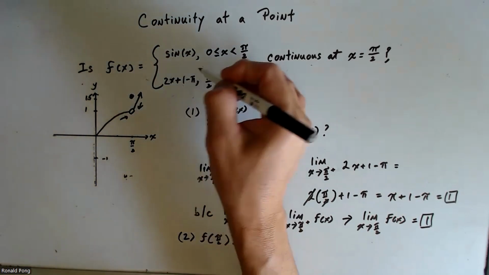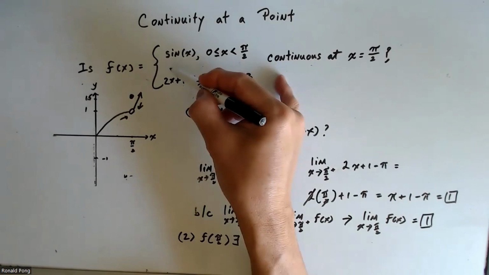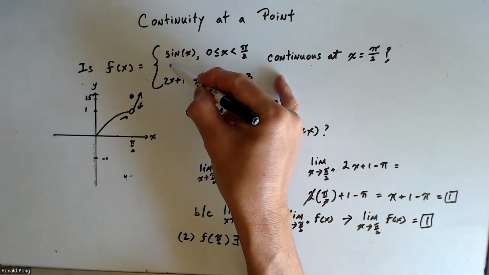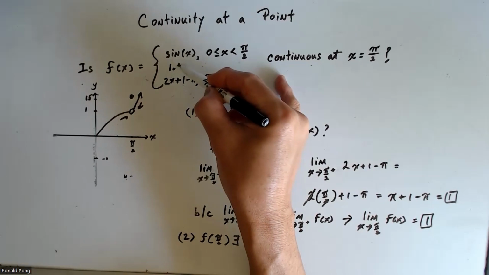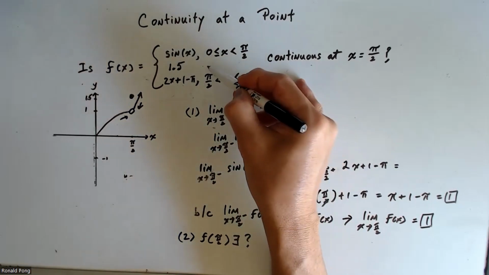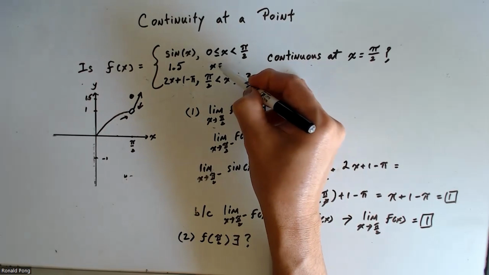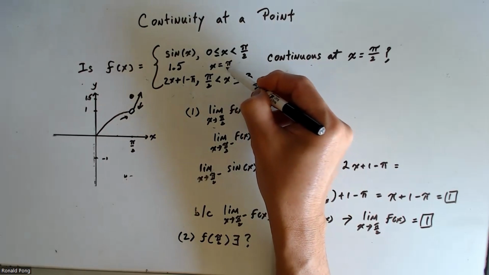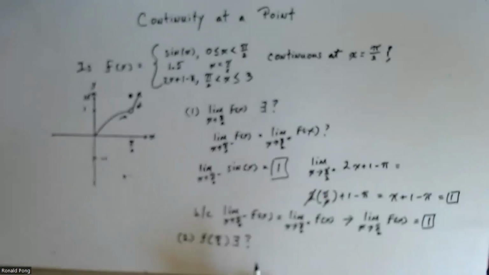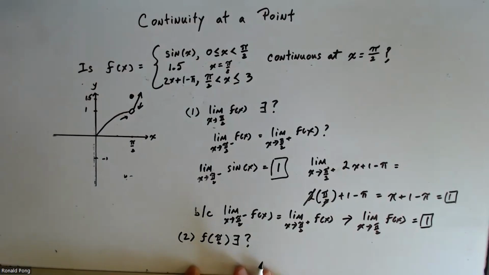I'm going to redefine my piecewise function to say that f of x equals the value of 1.5 when x equals pi over 2. Now, if we ask the question posed in criterion number 2, does f of pi over 2 exist?